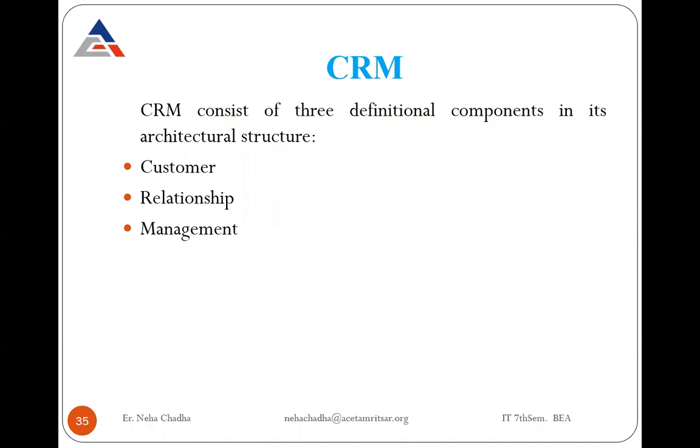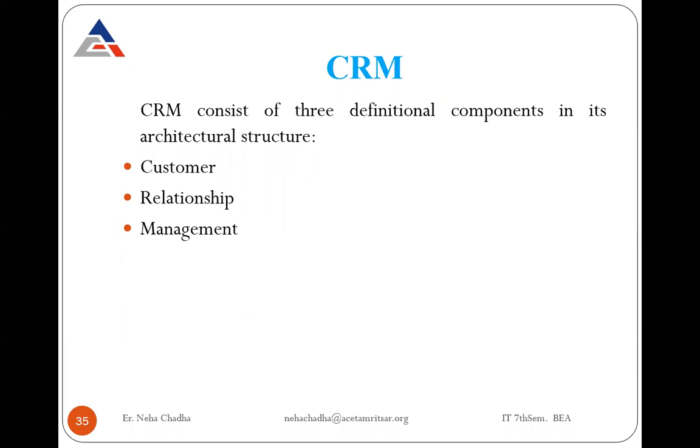Then comes CRM. CRM consists of three definitional components in its architectural structure: customer, relationship, and management. Suppose our customer buys a regular product from us, or could be our potential customer, that means our future customer.